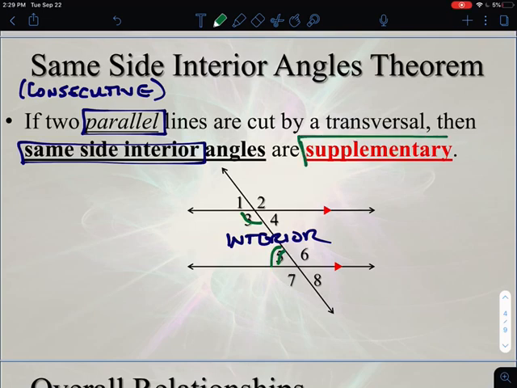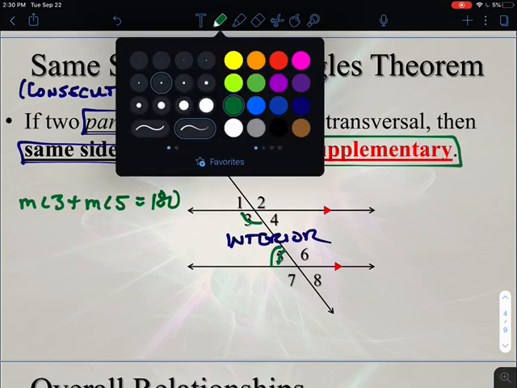This time, instead of being congruent, this angle pair is going to be supplementary, meaning they're going to add to 180. So if I take angle 3 plus angle 5, I'm going to get 180 degrees. Okay, so we're going to get 180 degrees when we add those together.